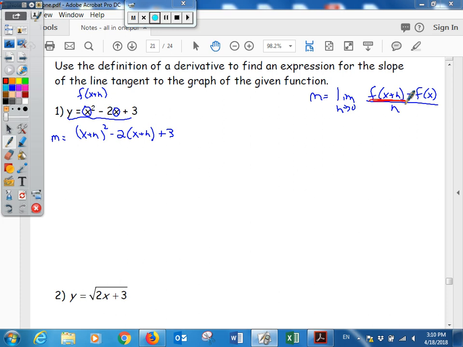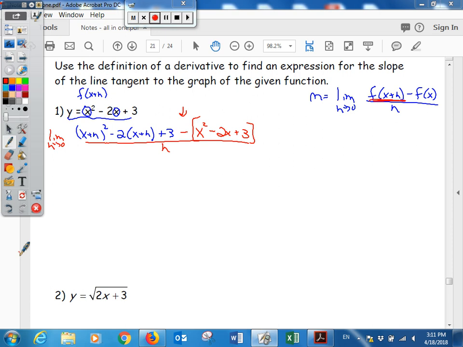Then I want to subtract from it f of x, which is x squared minus 2x plus 3. Notice I put that in parentheses because I'm going to need to distribute my negative sign so that I'm subtracting all the terms. Put all of that over h and then add the limit in front, the limit as h approaches 0.